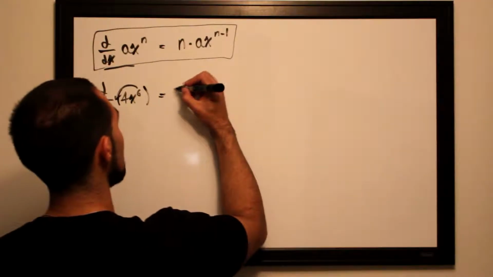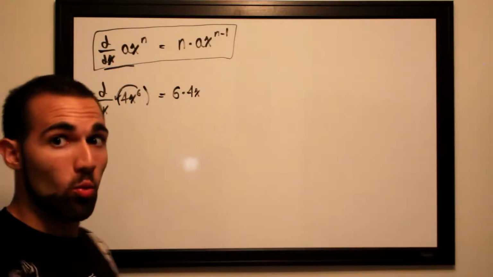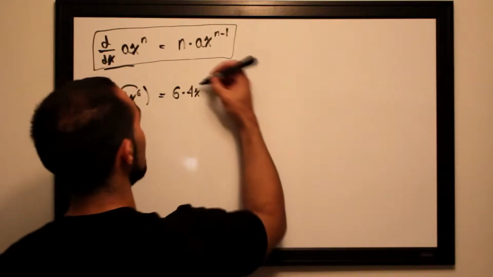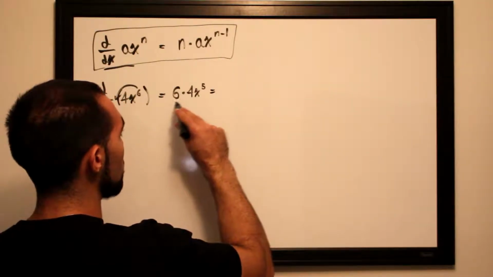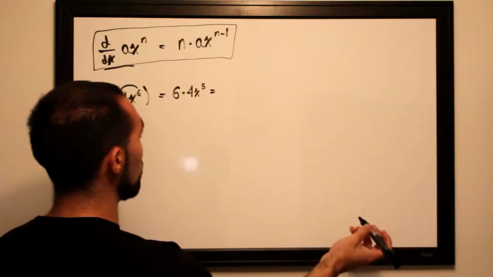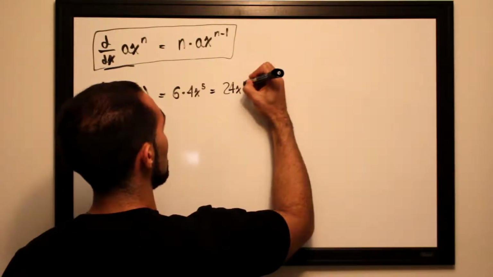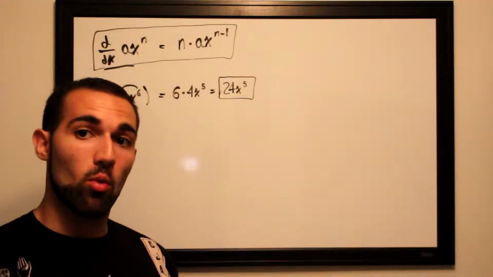So we'll have 6 multiplied by 4x, and then we will subtract 1 from the current exponent. Since the current exponent is 6, we will make this a 5. So what we'll be left with is 6 multiplied by 4x to the 5th, which will be 24x to the 5th. And if we wanted to use the limit definition of the derivative, everything would check out.